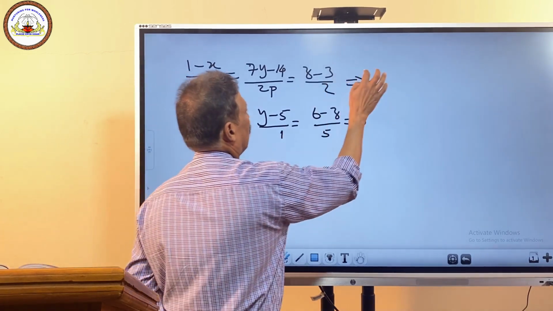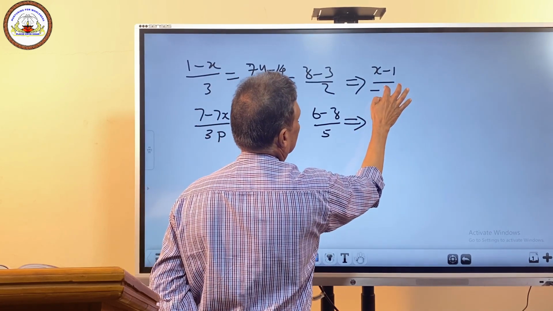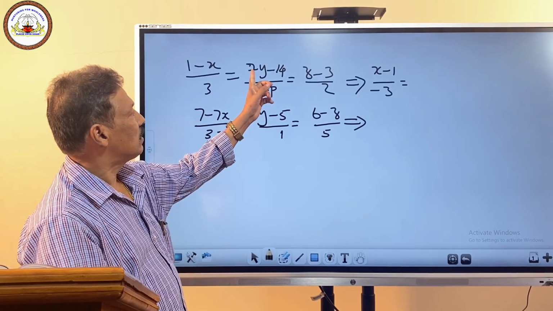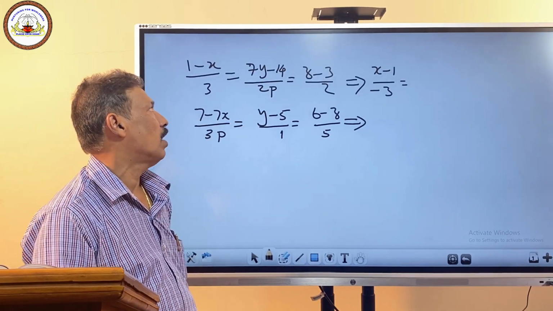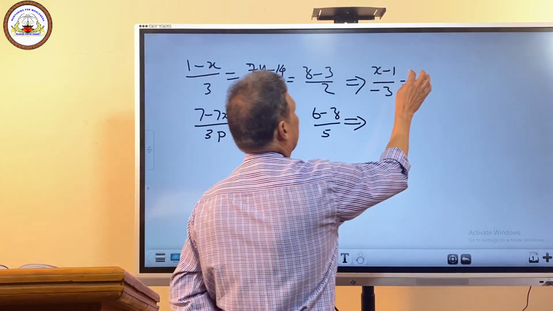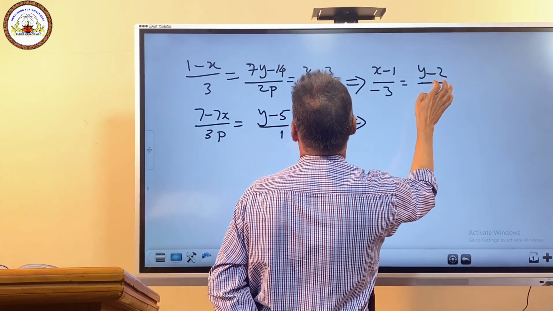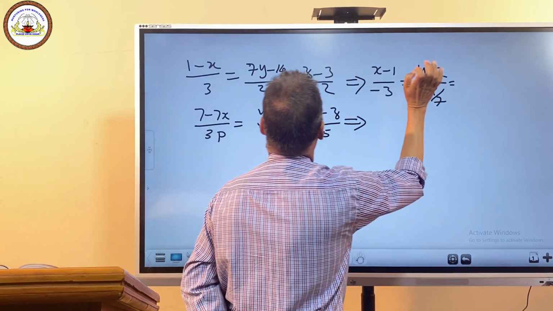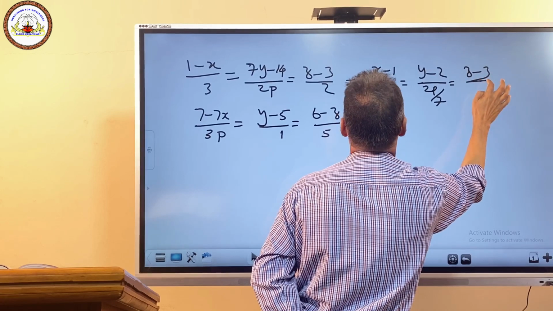Therefore this becomes (x minus 1) by -3. Next, (7y minus 14) by 2p: adjusting the coefficient of y to 1, we divide throughout by 7, so it becomes (y minus 2) by 2p/7, and the third is (z minus 3) by 2.